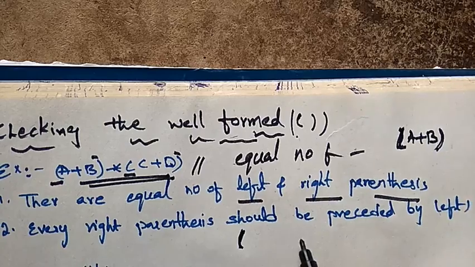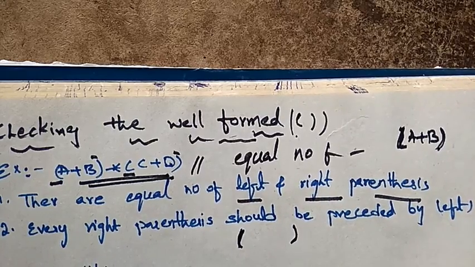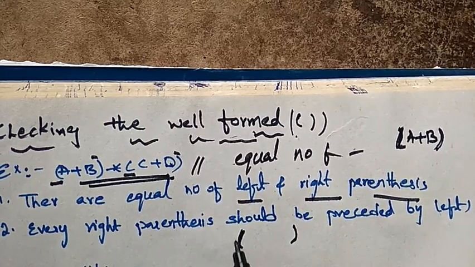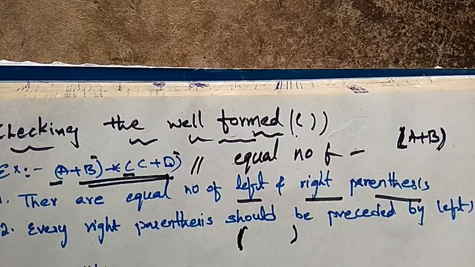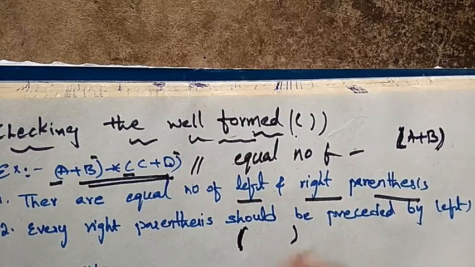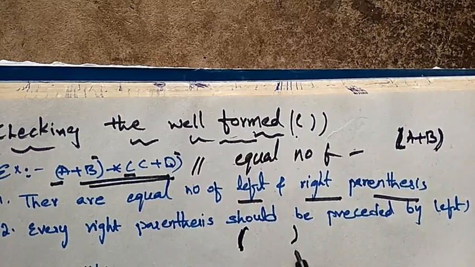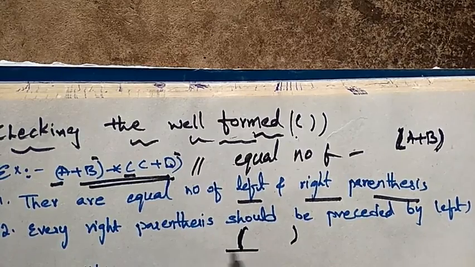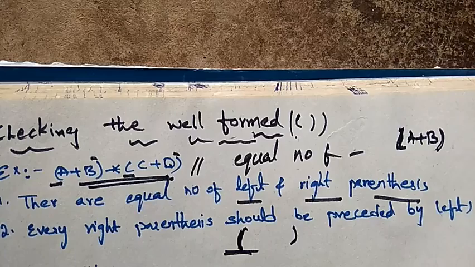Whenever I find a right parenthesis, I will be examining my stack. If I am not having any left parenthesis over there, even after finding your right parenthesis, then your expression is not valid. That we will see later.